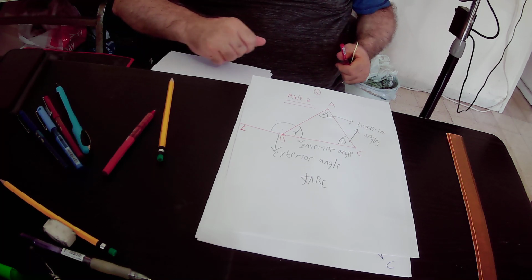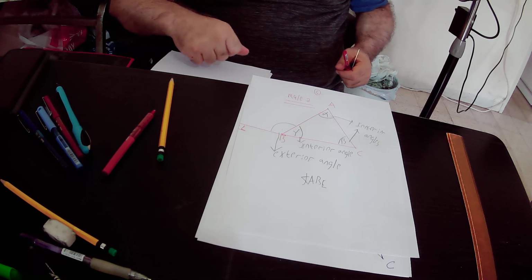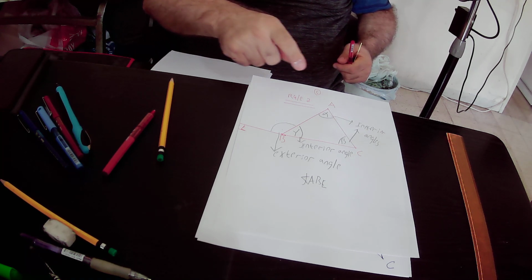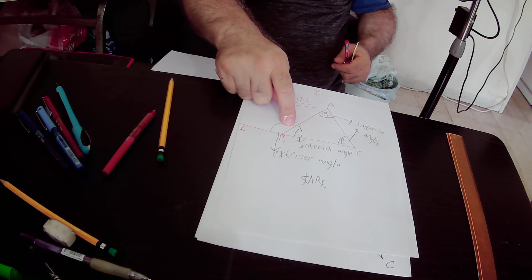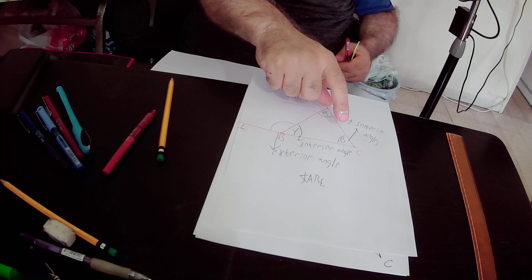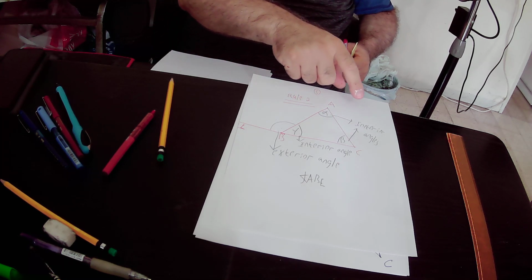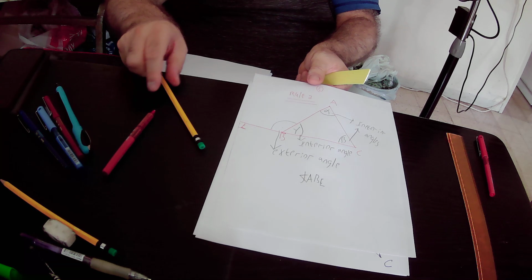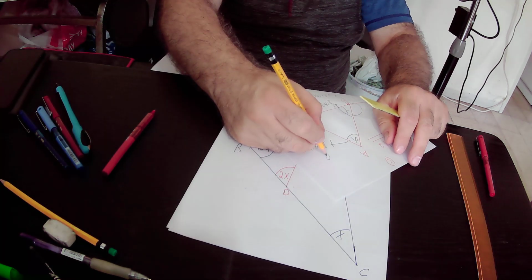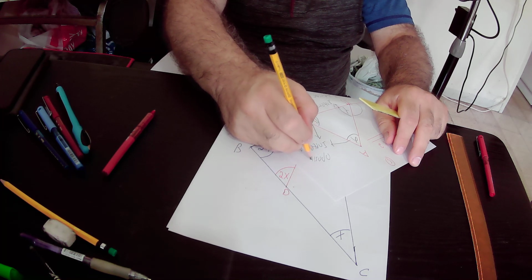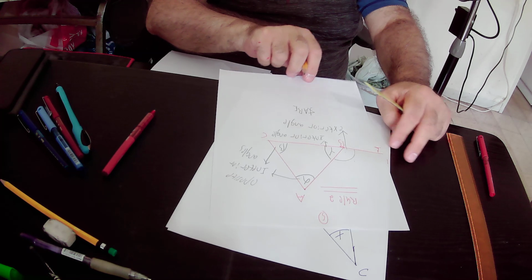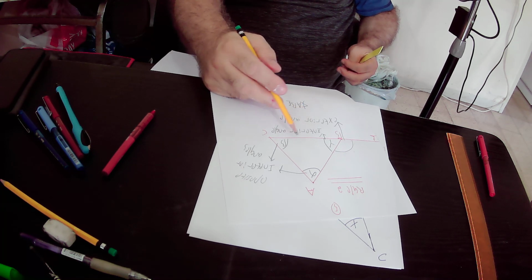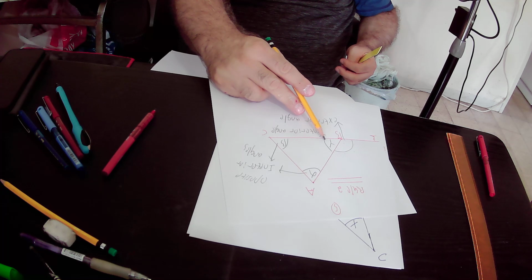Actually, those 2 angles, angles alpha and beta, are opposite interior angles in relation to angle gamma, because they are located on opposite sides in relation to angle gamma.